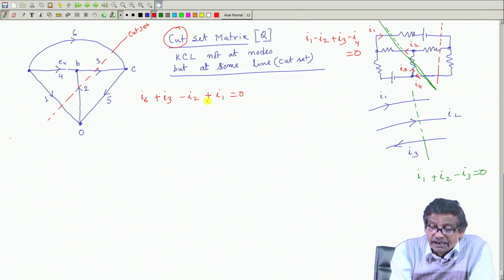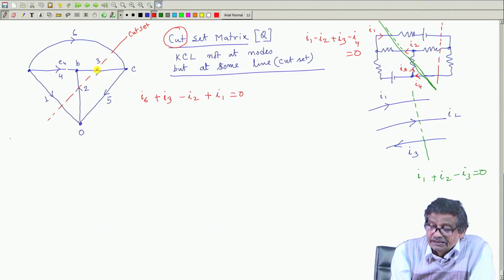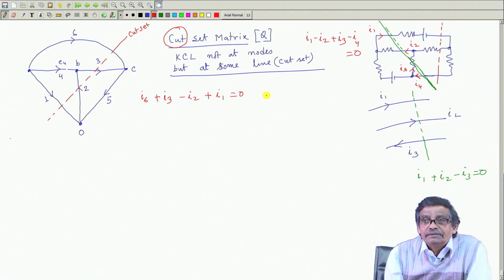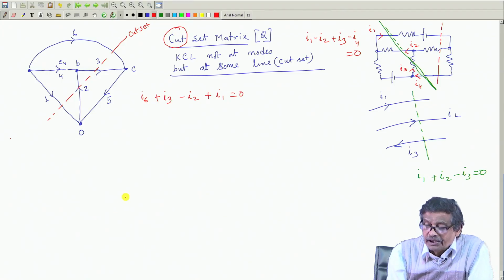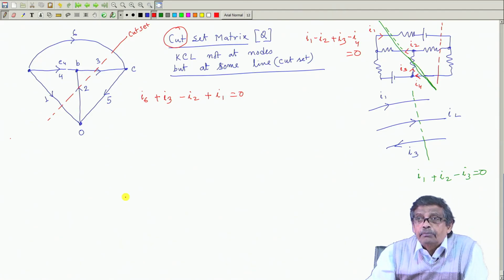See, I have not applied KCL at the junctions, because I6, I3, I2, I1 are connected to different nodes, but the fact is this has to happen. Got the point? This is the basic idea of what we are going to discuss about the Cutset matrix.